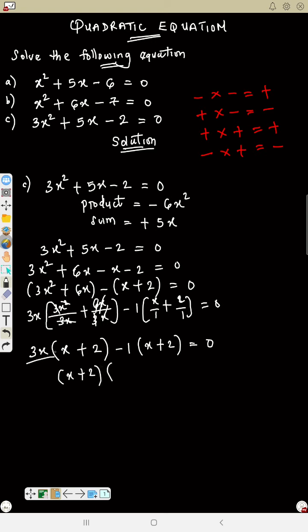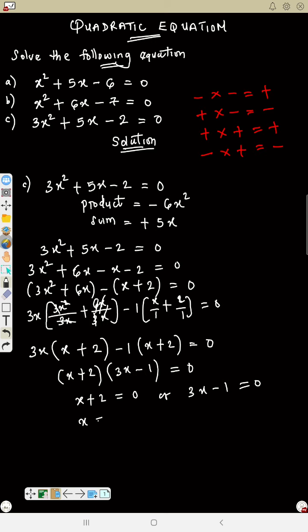Now take the outside one, 3s minus 1. So that will be 3s minus 1 equals 0. Now for this equation to be true, then s plus 2 must be equal to 0, or s minus 1 equals 0.